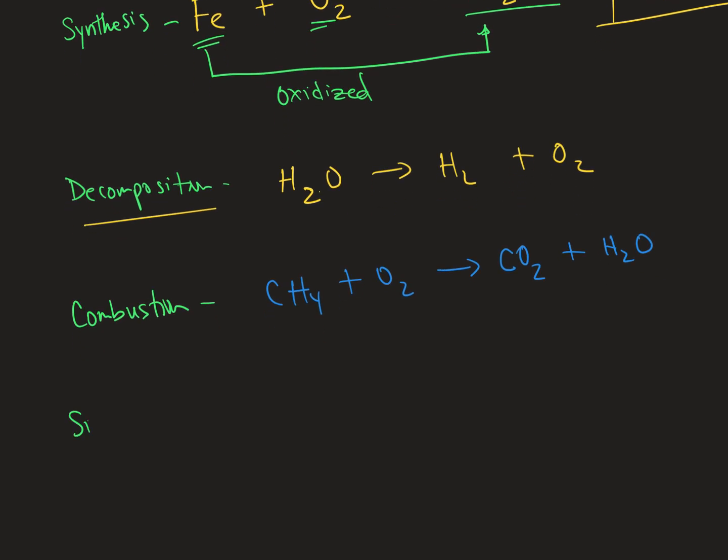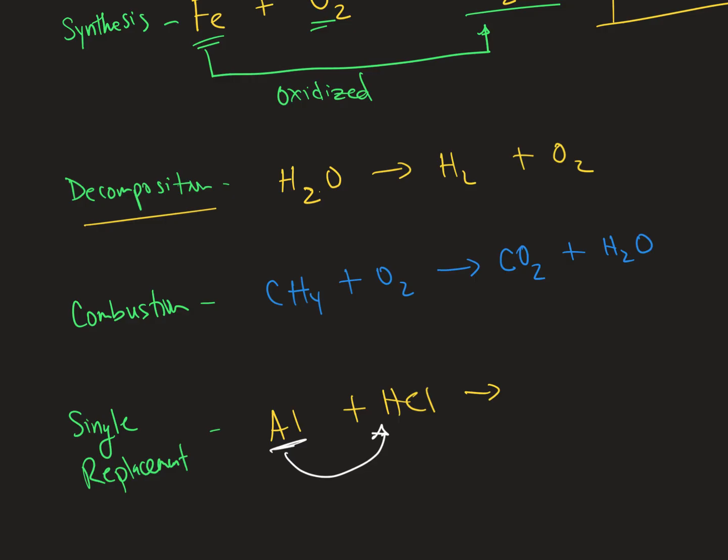It is a single replacement reaction. And I'll show you why we call it a single replacement. So for example, we have aluminum with HCl. And what happens is the aluminum replaces the hydrogen.